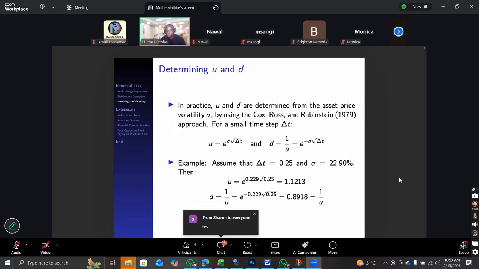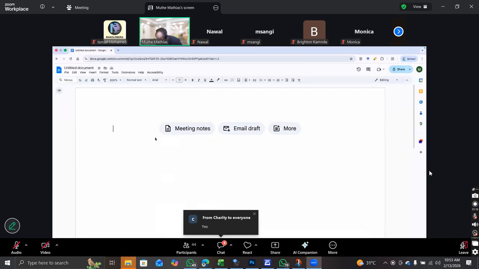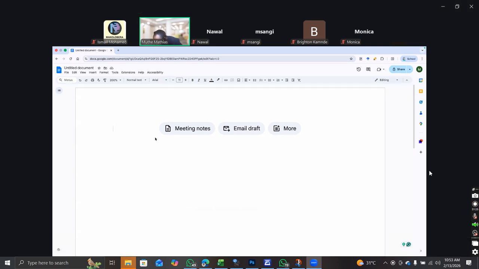So now let's move to the other part, because I've been saying that price can go up. We can use this one here, because I've been saying we start from here, and then the price can go up or can go down.